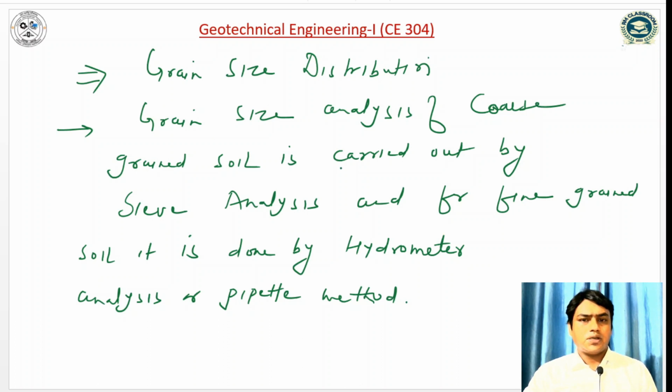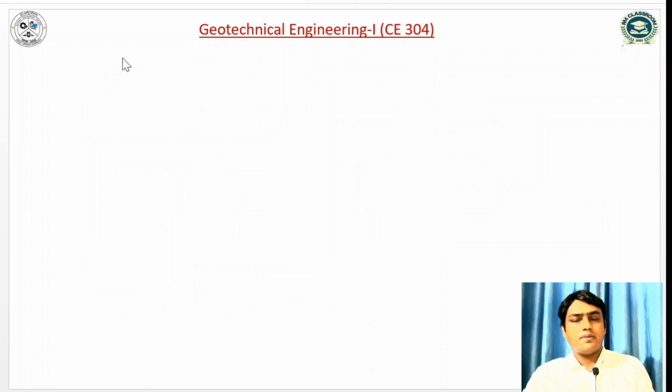So I told you the grain size analysis of coarse grained soil is carried out by sieve analysis, and for fine grained soil it is done by hydrometer analysis or pipette method.